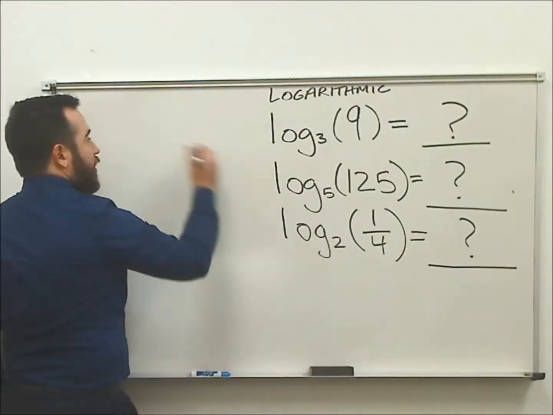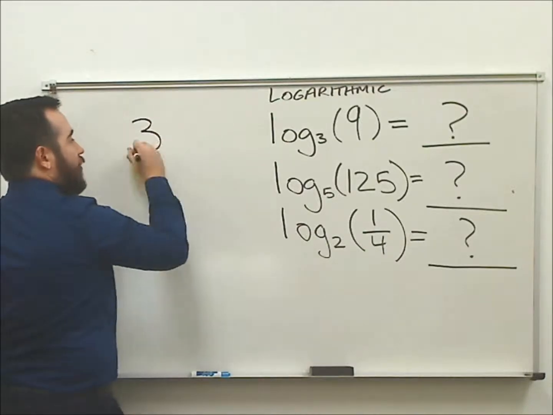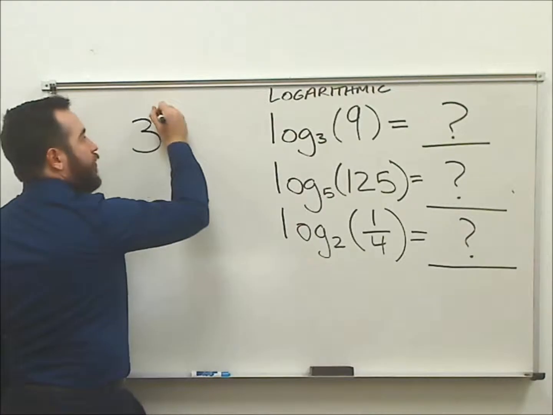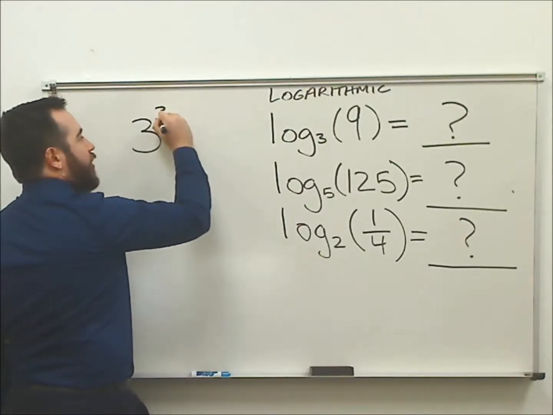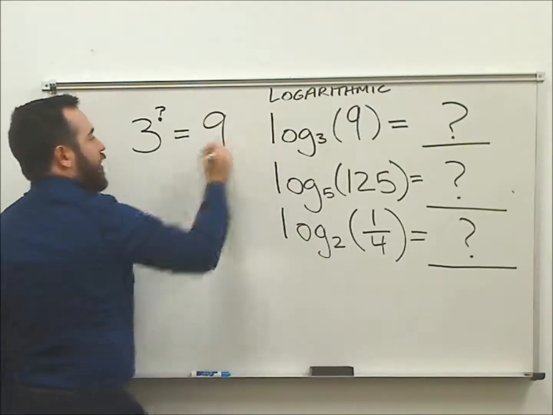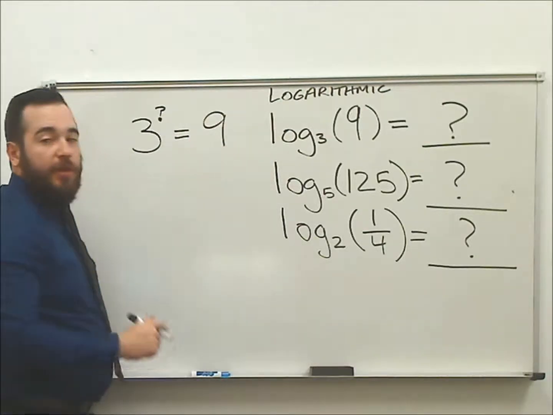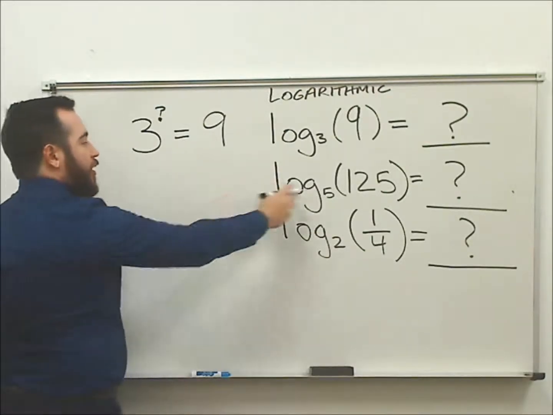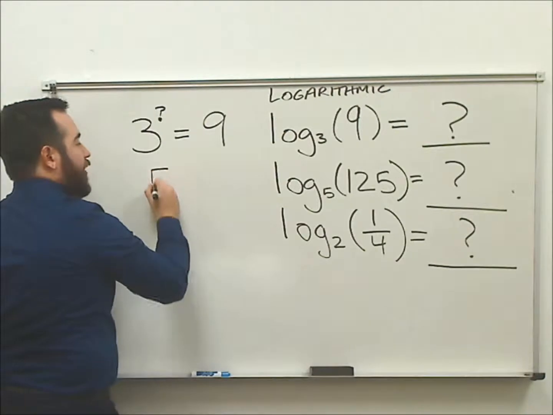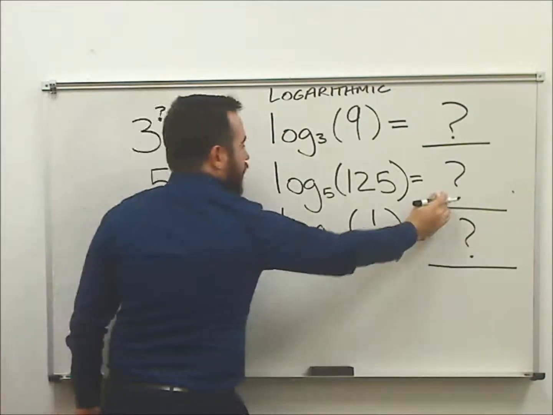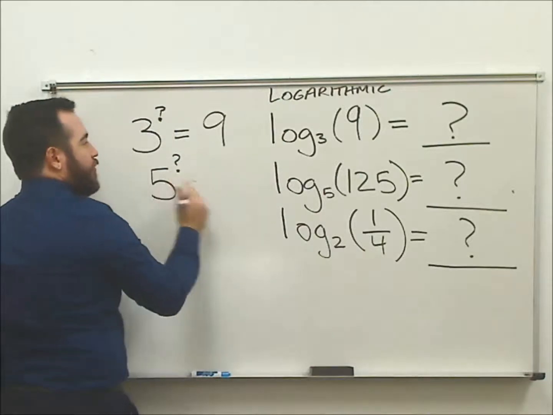So the small number comes up. What it's equal to becomes the exponent. So we've got a little exponent of a question mark here. And then the big number is what it's equal to on the right. Just for a little bit of practice, we'll change each of these. The little number comes up and has the right-hand side as the exponent.